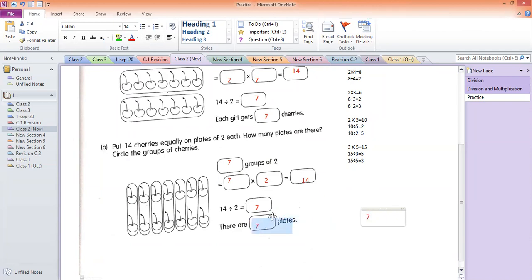So we are practicing division related to multiplication. In division related to multiplication, if I ask you the question that if 3 multiplied by 4 equals 12, then 12 divided by 3 equals to what?